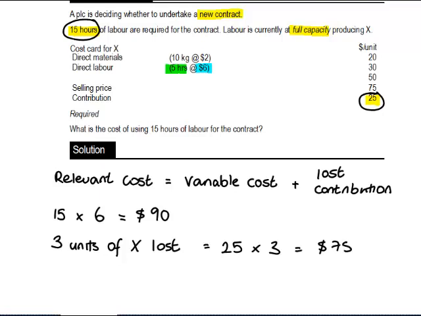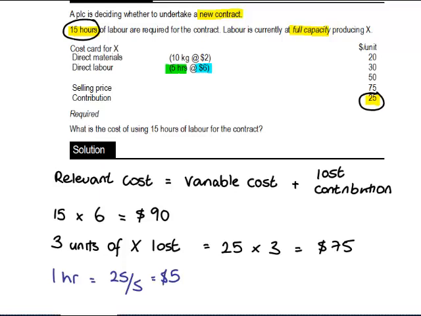Now, another way you might like to think about this is the amount of contribution per hour. If a unit of X is making $25 and it takes 5 hours to make 1 unit, then 1 hour is actually generating 25 divided by 5, which is $5.